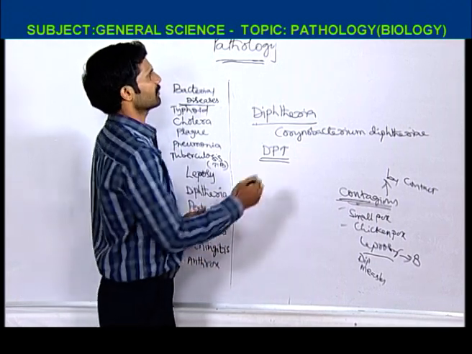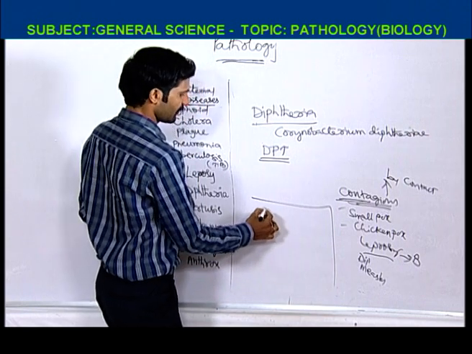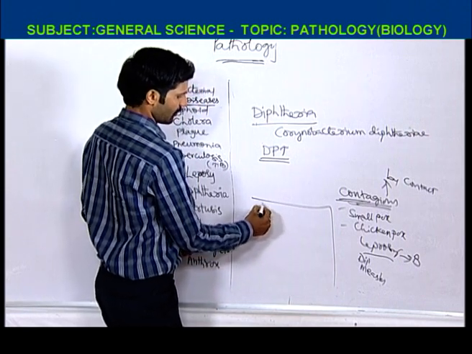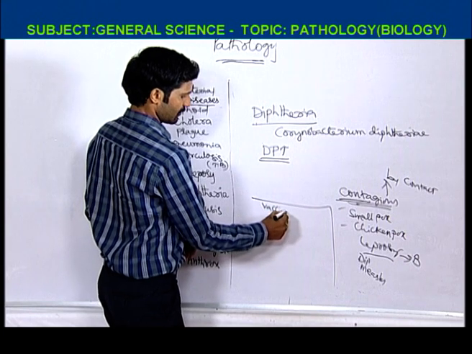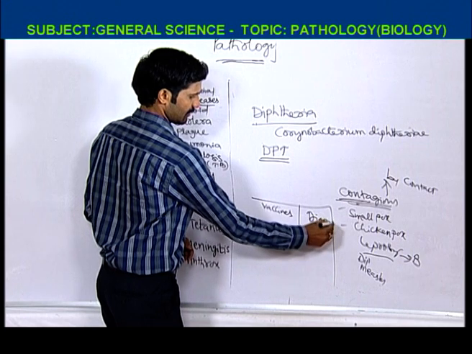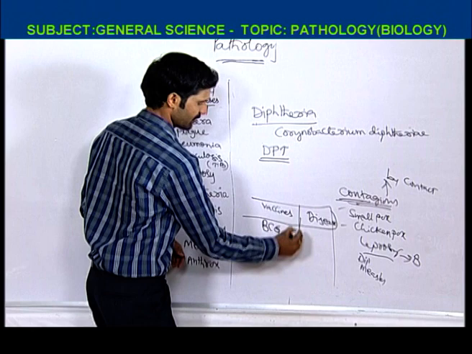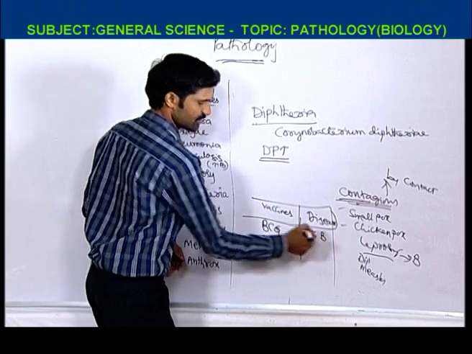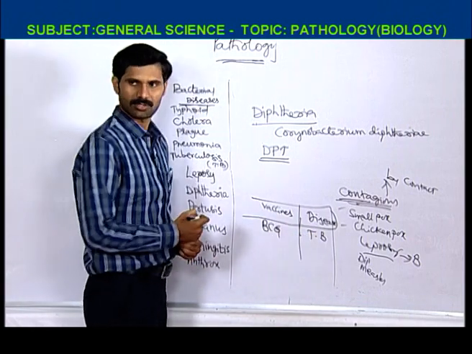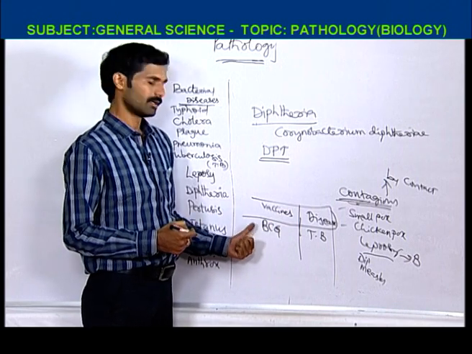So vaccines are mainly for different types of main diseases. Which vaccine is for which disease? Here, BCG vaccine. BCG vaccine is a vaccine for TB or tuberculosis, given in the early stage of life, at birth.